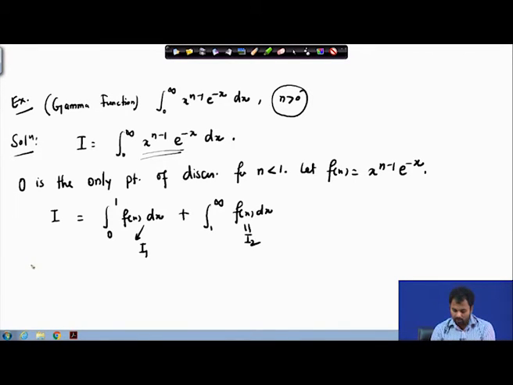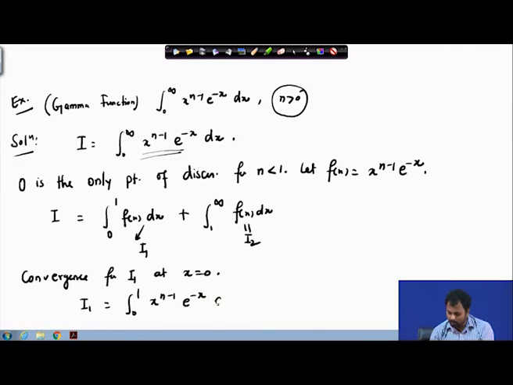So, let us proceed with the convergence of I 1 at x equals 0. I 1 is the integral from 0 to 1 of x to the power n minus 1 e to the power minus x dx. Now, in this case I choose g(x) as 1 by x to the power 1 minus n.